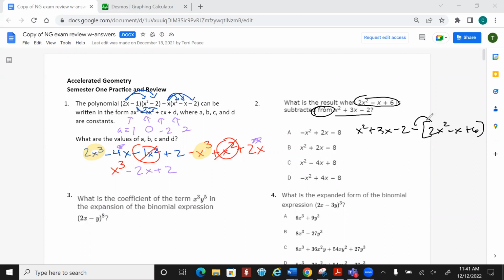Now I'm going to distribute that negative, so it's just going to change the signs of all of these. And then I'm going to combine my like terms. So that's going to give me negative 1x squared plus 4x minus 8.